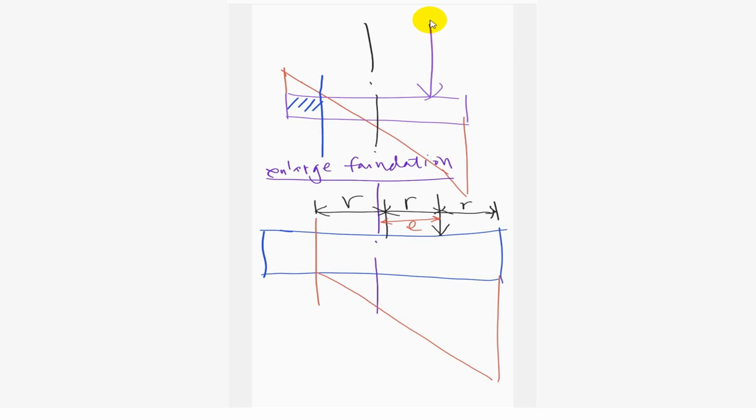So the load from above is passing through the centroid of the compression block.